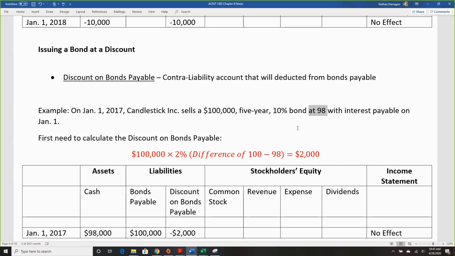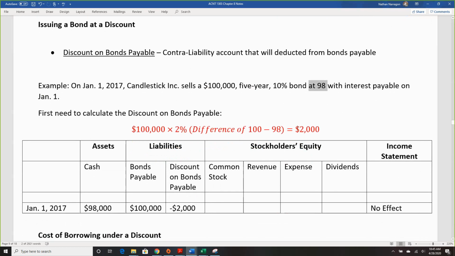So the first thing we have to do is basically calculate the discount on bonds payable, which is taking your 100,000, that's your par, times 2%. Where did the 2% come from? Well, that's the difference of the 100, so if it's sold at face value, minus 98. This is our 2%.